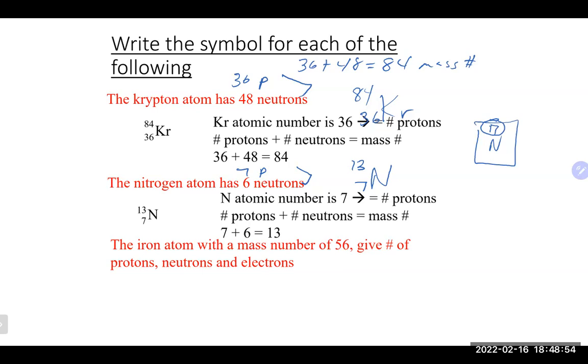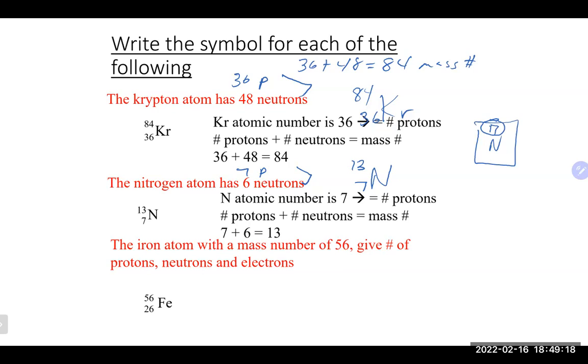That would be the atomic number, which would go on the bottom. The mass number, which they gave us, would go on top, and that would give us 56 up on top, 26 on the bottom. That would also tell us, in this case, the number of protons is 26. Number of electrons would be 26.